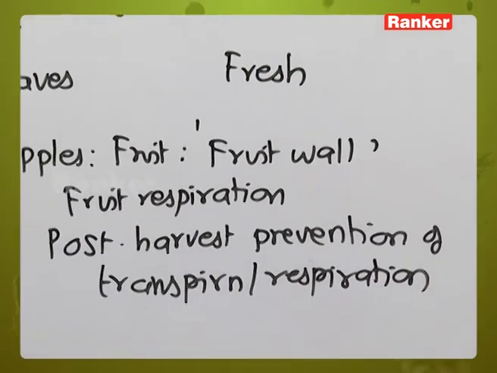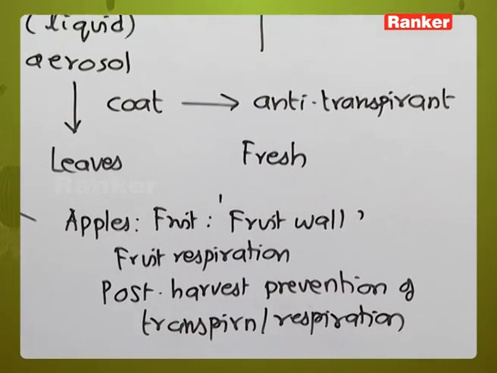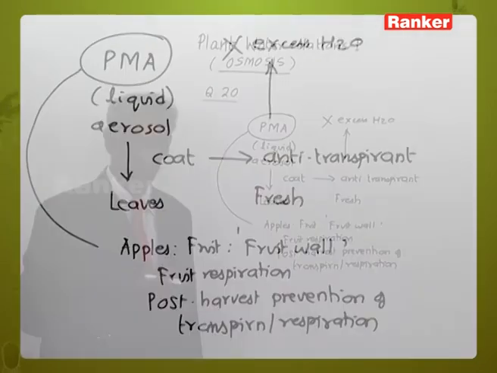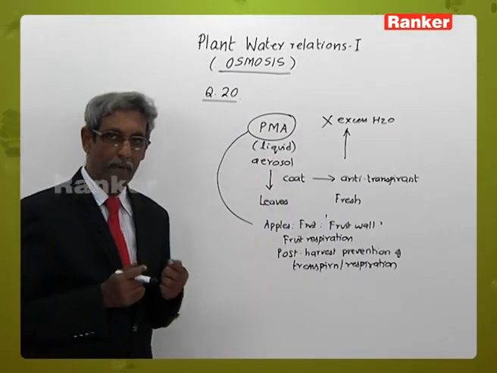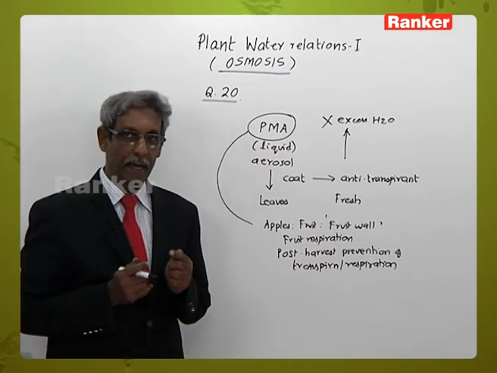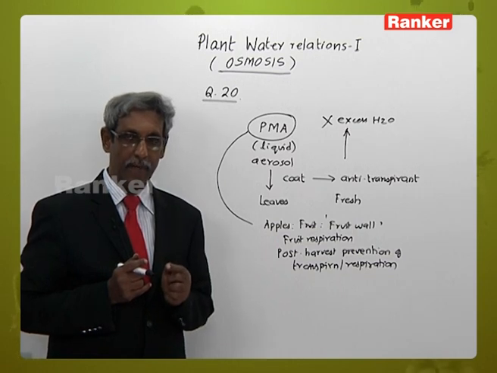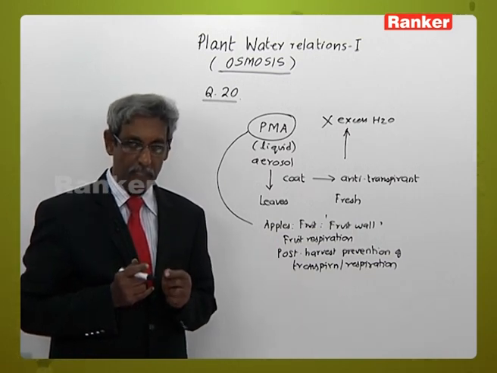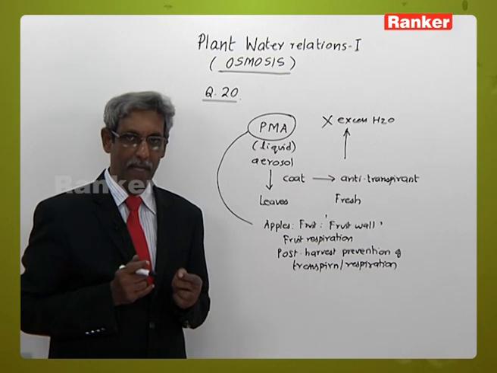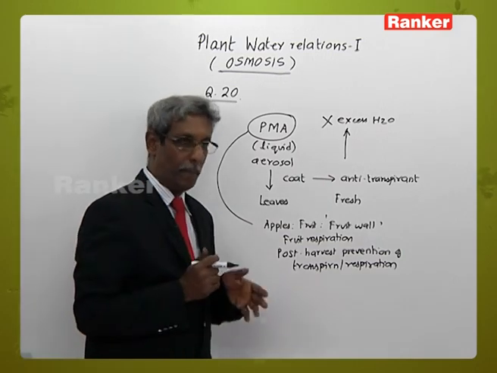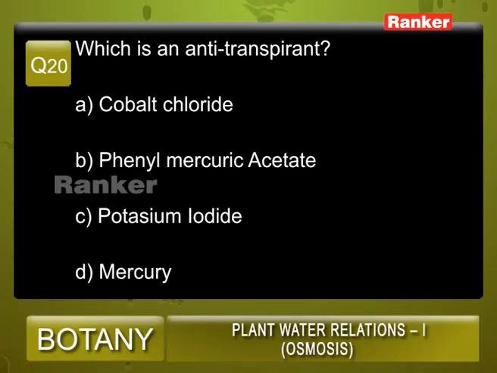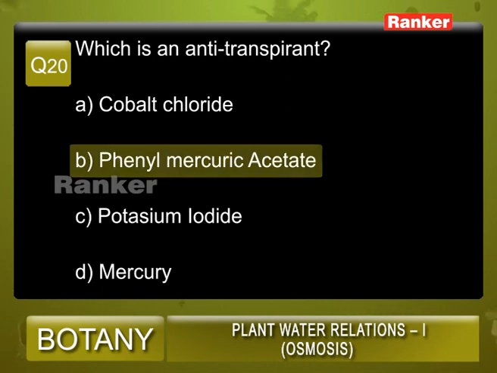So, a common antitranspirant used in the case of plants is PMA or phenyl mercuric acetate. Cobalt chloride is a paper which turns from blue to pink, indicating transpiration due to water loss. Potassium iodide is a test used in photosynthesis, and mercury is a heavy chemical for plants. Hence, the right answer is B, PMA.